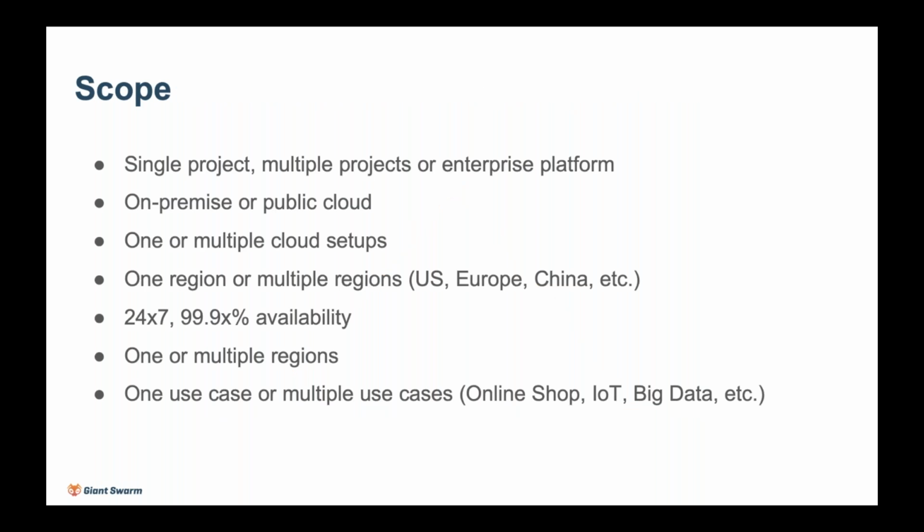So if you've got a single project, then you might be fine with a simple setup. If you've got multiple projects or an enterprise platform, then that's a totally different story. In terms of scope, you need to support different use cases, different teams. You might need to support on-premise and public cloud. You might need to support one or multiple cloud setups at the same time.